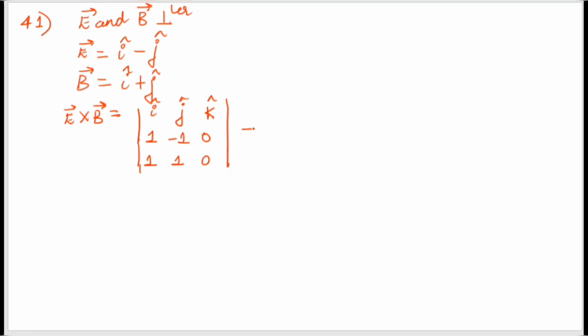In my previous classes, I explained how to take the determinant and how to solve it. You can watch my videos for this. So I am taking plus, minus, plus to solve the determinant. Plus i cap: remove the first row and the first column and take these terms, determinant of minus 1, 0, 1, 0.